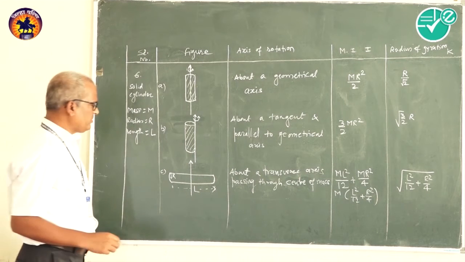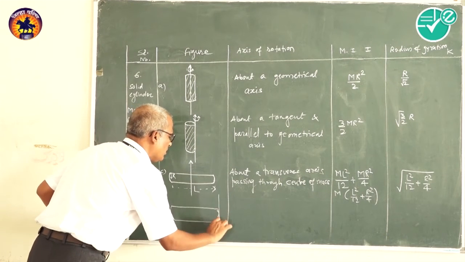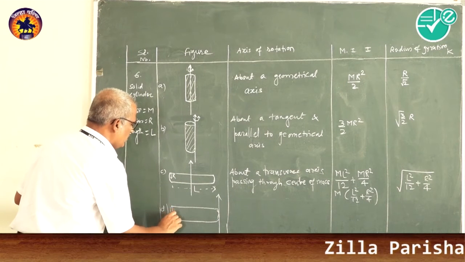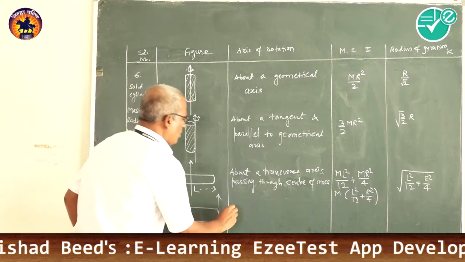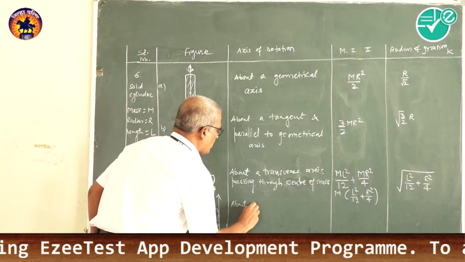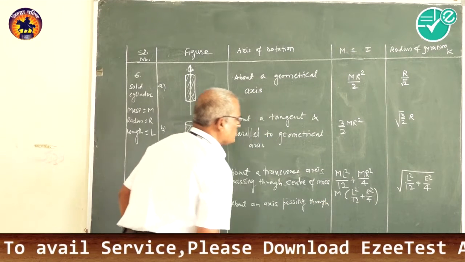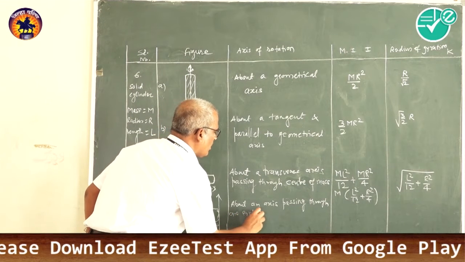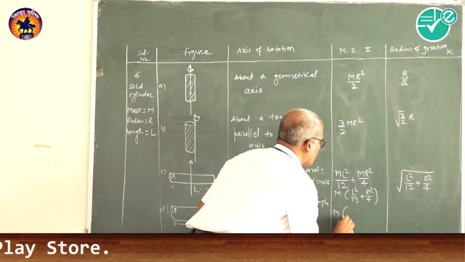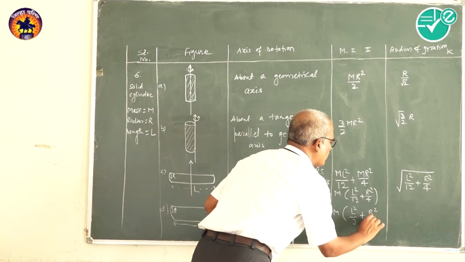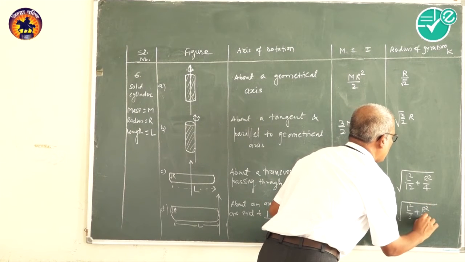Then again we have to write the moment of inertia of the solid cylinder about an axis passing through one end and perpendicular to its length, where radius is R and this is length L. So the formula is M into bracket L square by 3 plus R square by 4, and the radius of gyration is square root of L square by 3 plus R square by 4.